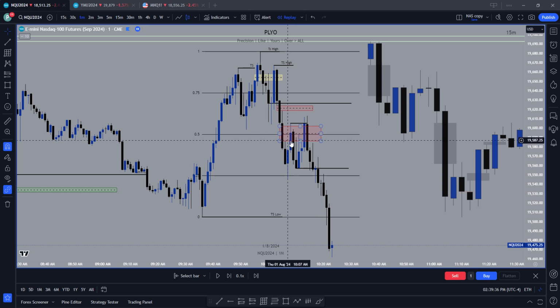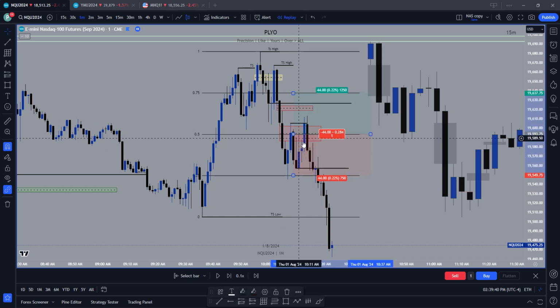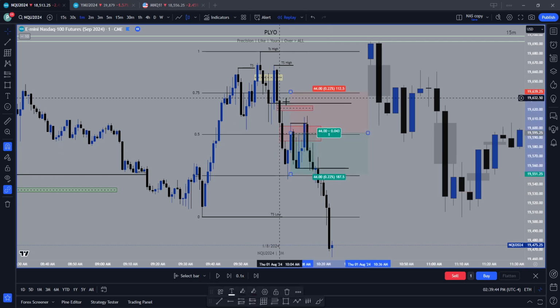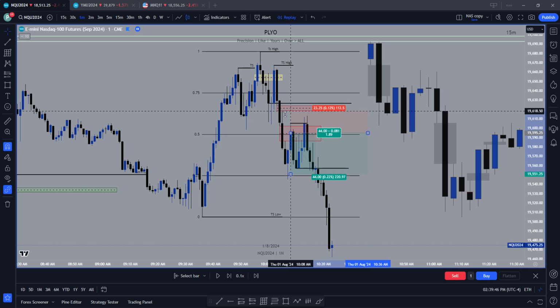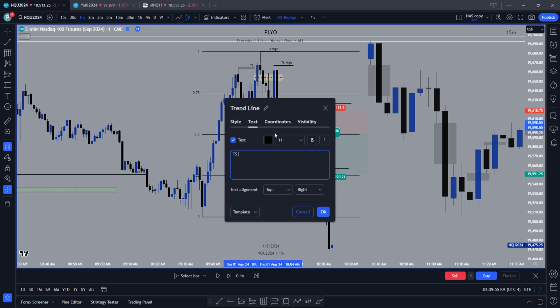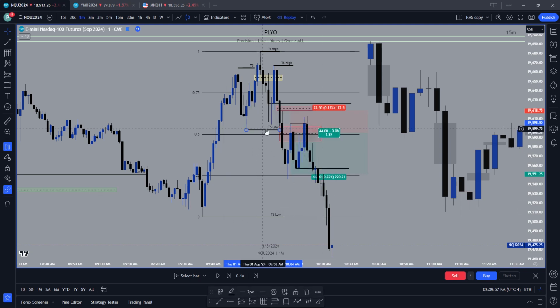What you could have done here, for the person who does not want to risk 35 points on the CISD entry, is have your stop right here on the next gap, with the idea that this gap should hold because it's the one that's attached to the soup low, the one that we already swept.